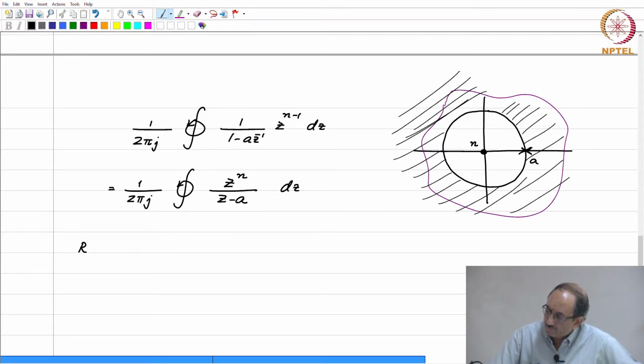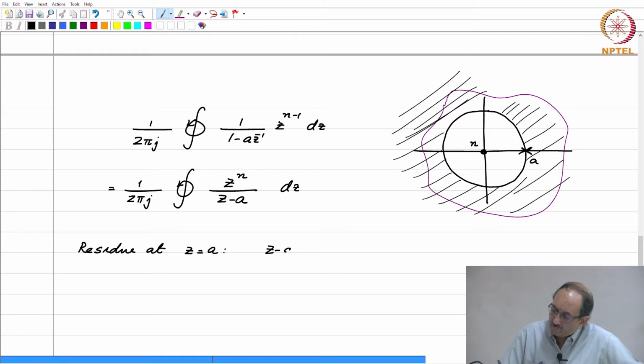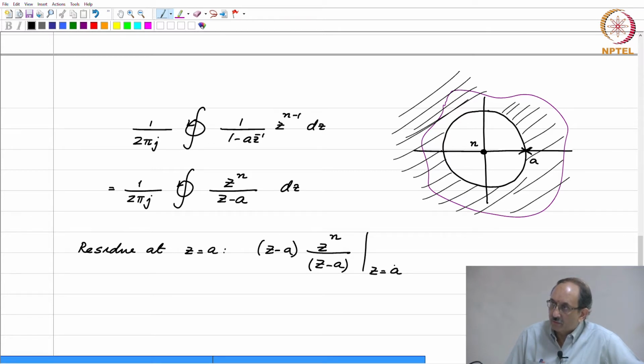The residue at z equal to a is given by, you need to multiply by z minus a, so you cancel the pole. Therefore, this is z power n by z minus a, and then this needs to be evaluated at z equal to a, and you get back a to the n, which is what you expect.